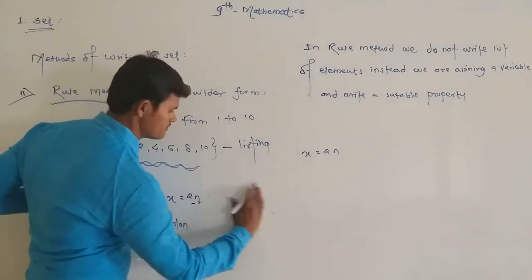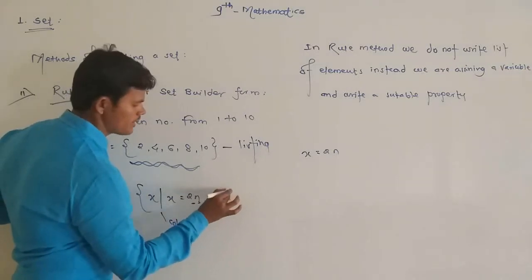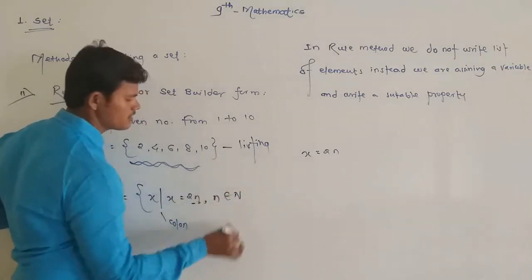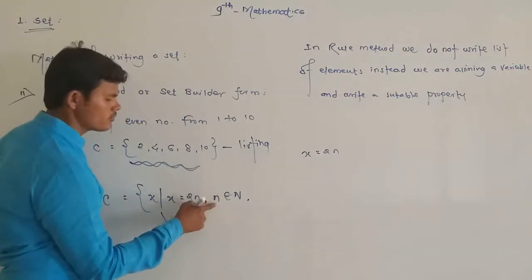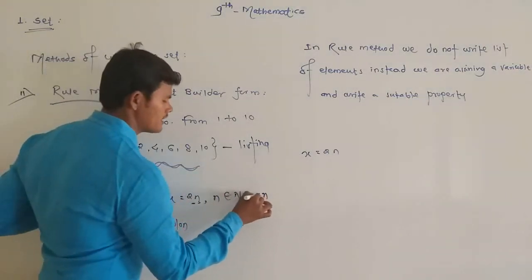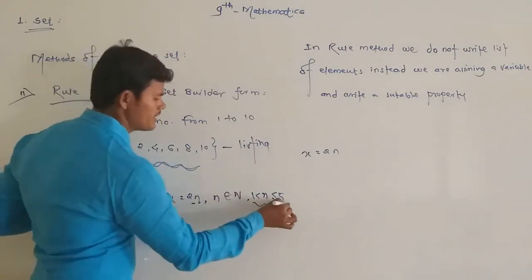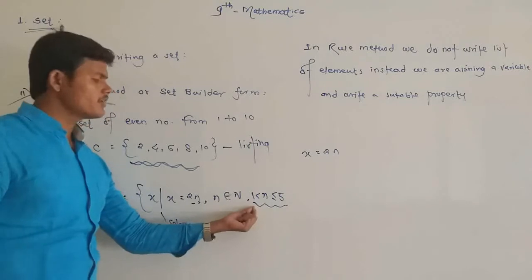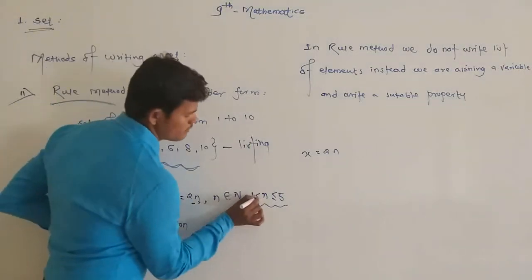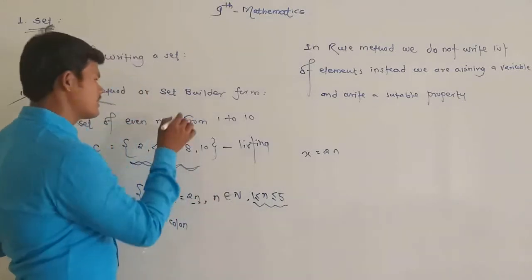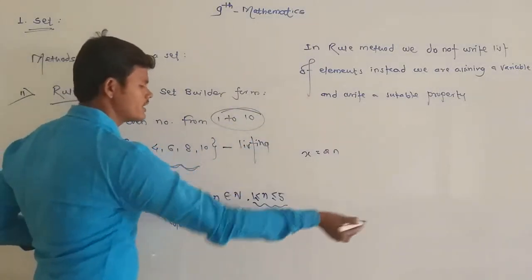First of all, write that n belongs to the natural numbers. The natural numbers are denoted by capital N. And now write the conditions for small n, that is n is greater than or equal to 1 and less than or equal to 5. Why? What is the meaning of this? n is greater than or equal to 1, because our even numbers start from 1 up to 10.